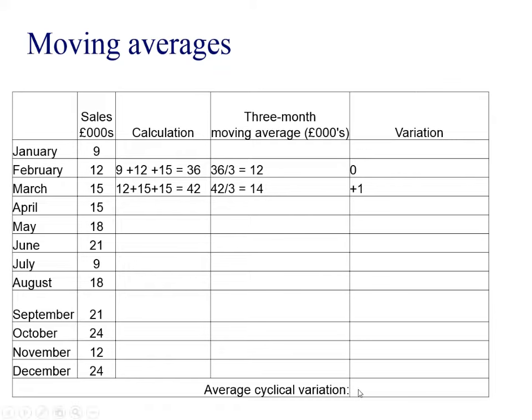What you can do as well, you can look at seasonal variation. So sometimes they do it in kind of quarters, and so if I had another March here, I could add, say the variation was 1 plus 1 here and it was plus 2 for the other one, that would come to 3. If I divided it by 2, because I've got 2 months, March this year and March for the other year that I'm looking at, that would come to 1.5.